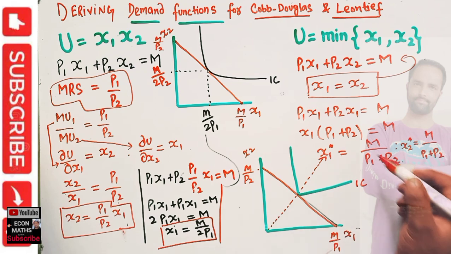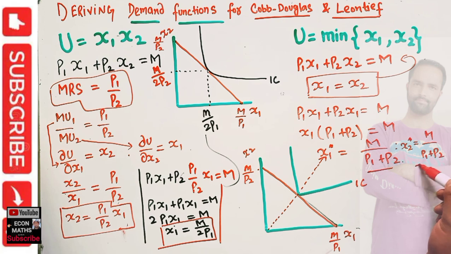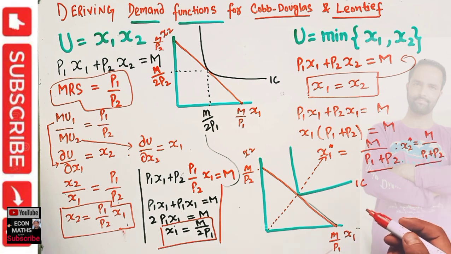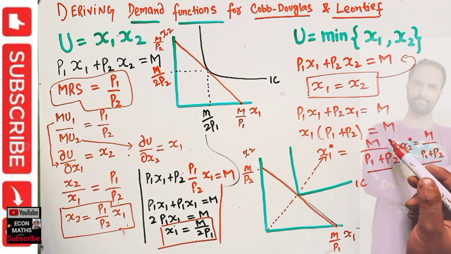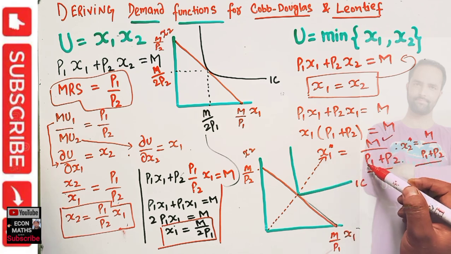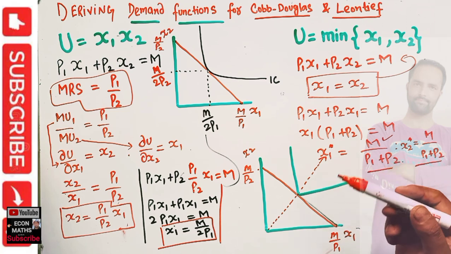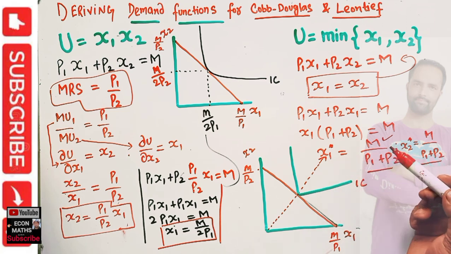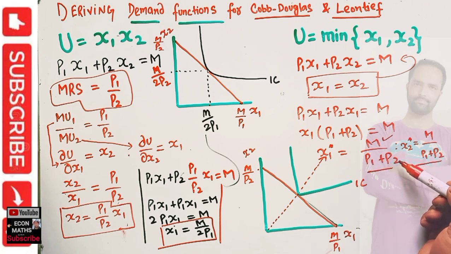Okay, so the demand function in case of a perfect complementary utility function was that the demand for a good was a function of income and the price of good 1 and the price of good 2. Okay, so demand for good 1 is a function of three variables, that is income, price of good 1 and price of good 2.